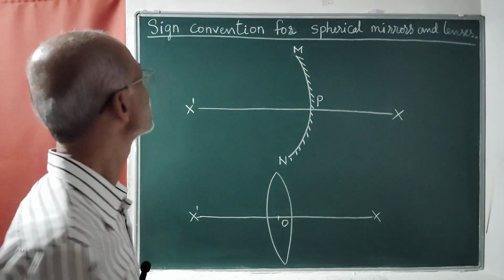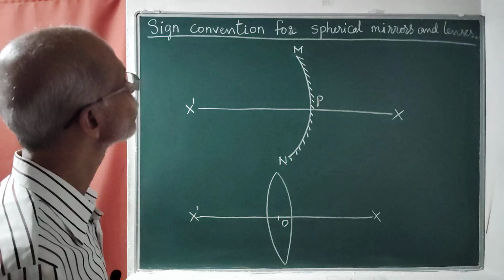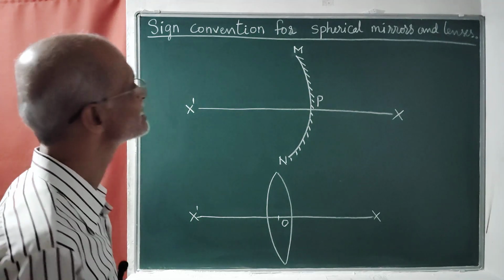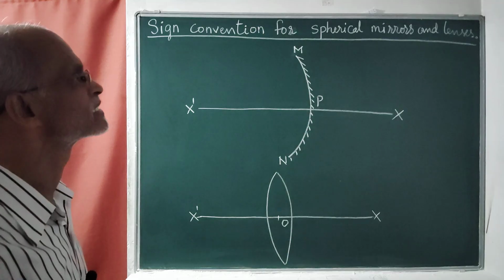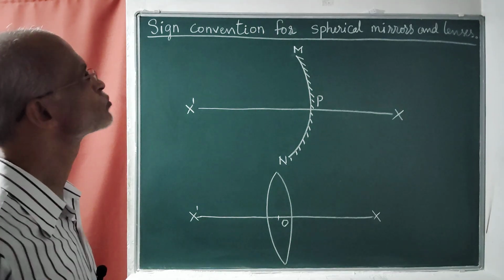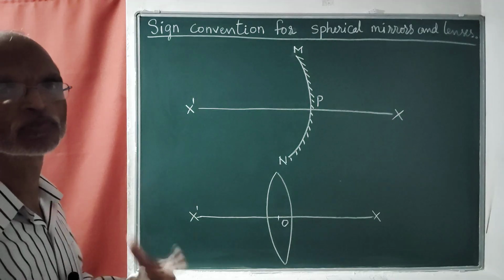Now we will see the sign convention for spherical mirrors and lenses. The sign convention is a set of rules that you need to follow. These rules will help you to solve the problems.